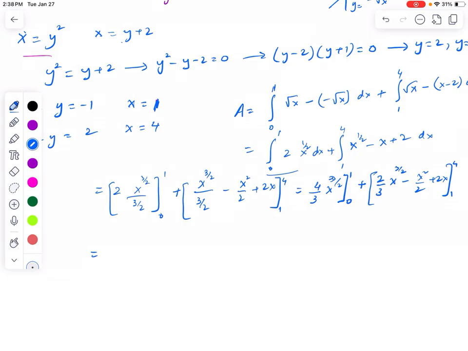So we end up getting 4 over 3 in the first expression.